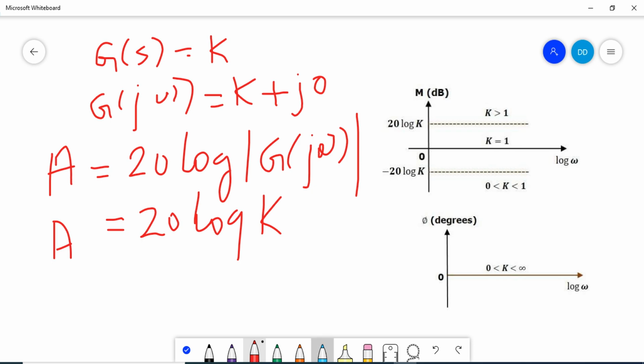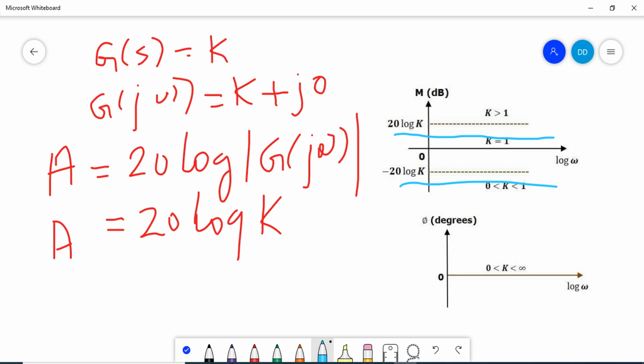So if we take a value of k greater than 1, then we get a positive value of A, which will be a line parallel to the log omega axis, that is horizontal to the log omega axis. Next, if k takes a value less than 1, we get a negative value, which is again a line parallel to the log omega axis, which is constant.